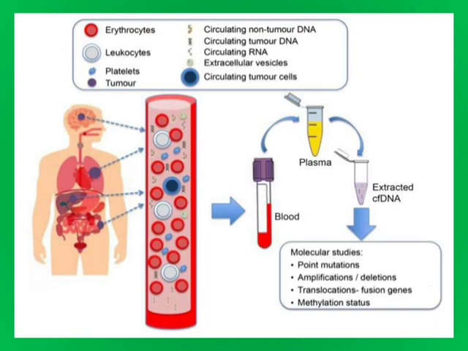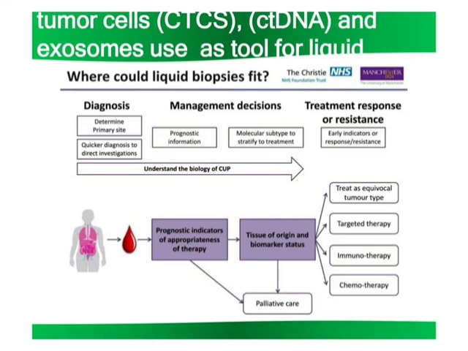Like you see here, the microRNA expression profile of colorectal liver metastasis as a novel biomarker for early recurrence after partial hepatectomy. This study was published in the Science Direct journal in the molecular oncology section.